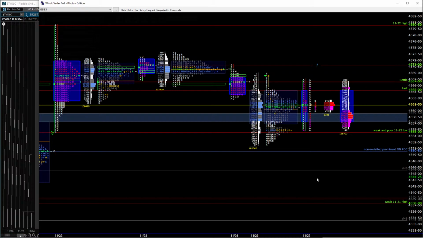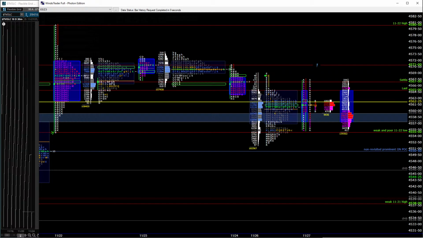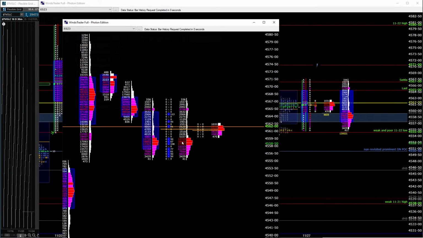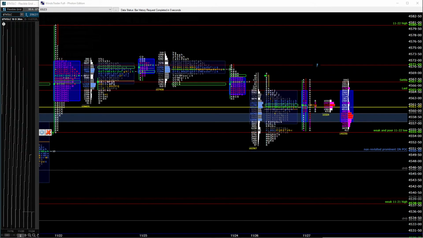Inside bar, more volume being accumulated here. Remember this area here? This is why I got this highlighted, because you can quickly forget about this. This taper, nice taper here, nice taper.